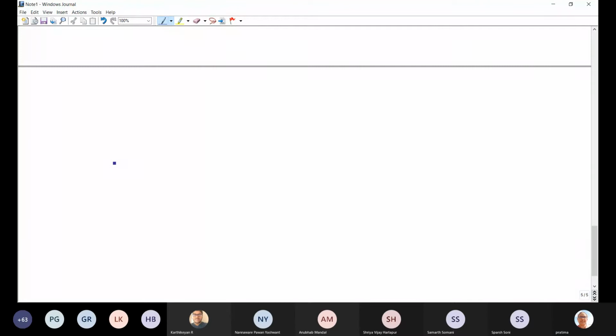The balls are distinct or not distinct. Boxes are distinct or not distinct. And empty boxes will be allowed or not, yes or no.